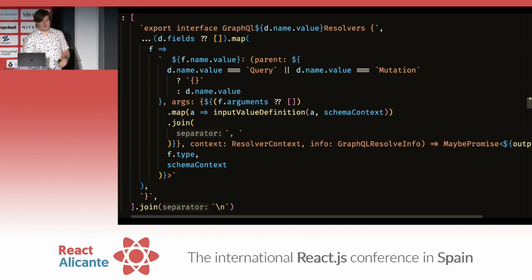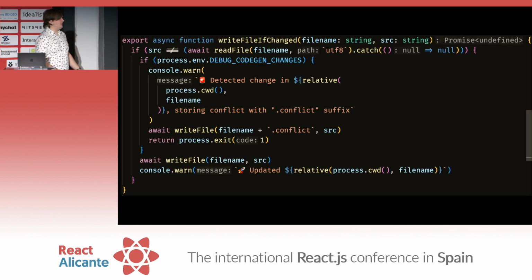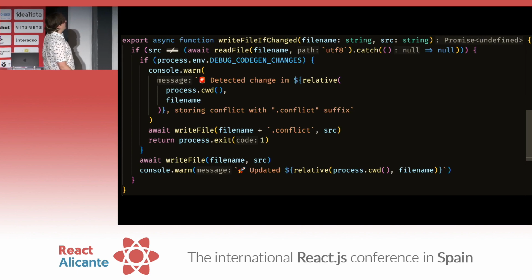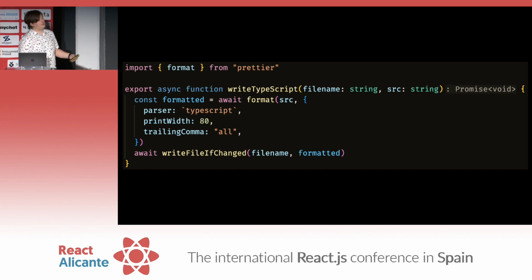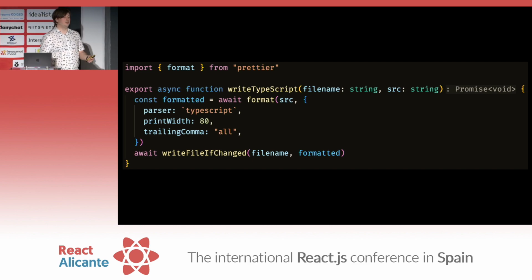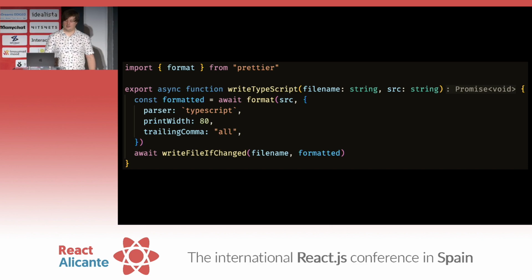You then need to write that to disk, and I recommend a little utility to write a file only if its value has changed, and then another utility to write TypeScript files and use Prettier to format them. If you're generating code, I find the easiest way to generate TypeScript is to create a string of TypeScript code, then run it through Prettier, and the output will look as if you've done a really nice, careful job of handcrafting that TypeScript code.